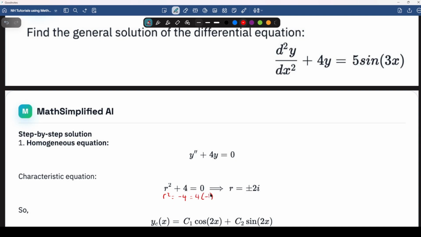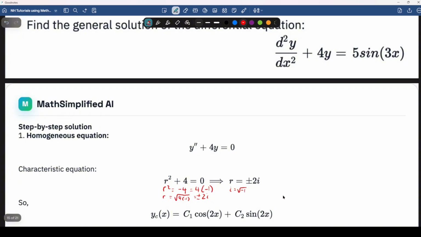Therefore r equals the square root of 4 times negative 1, which equals plus or minus 2 times the square root of negative 1.